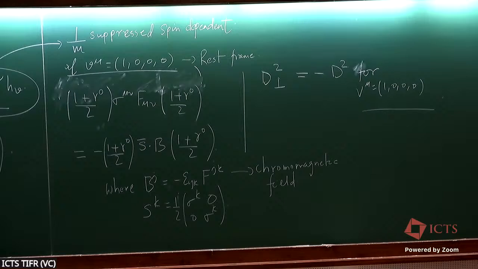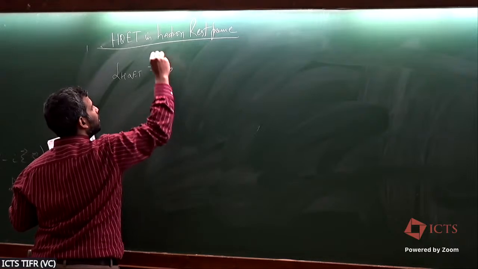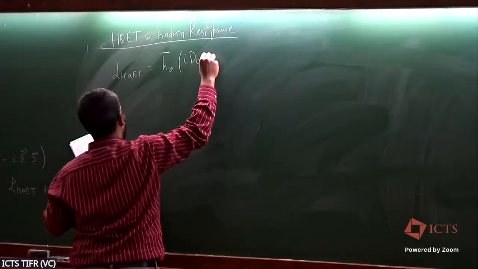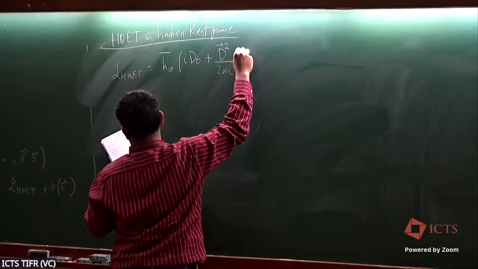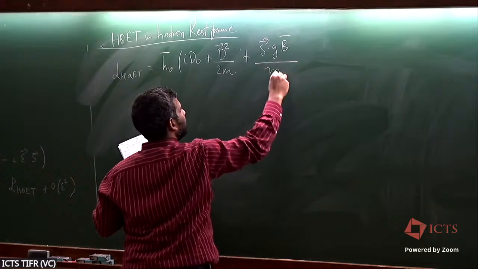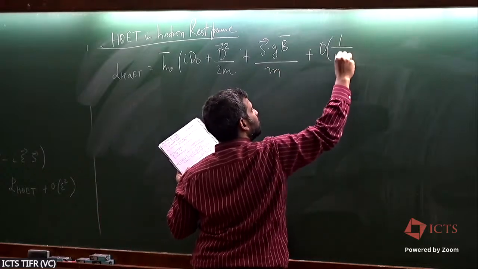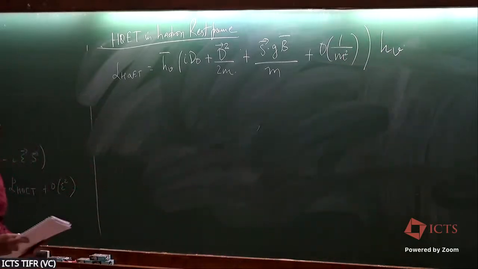So the Lagrangian that we have in the hadron rest frame is this.